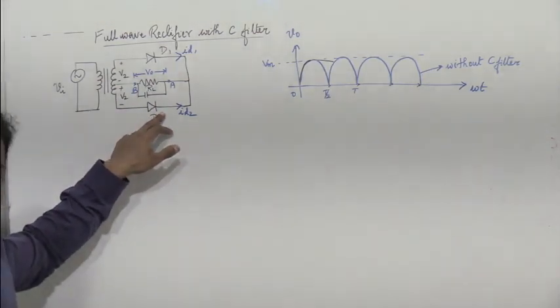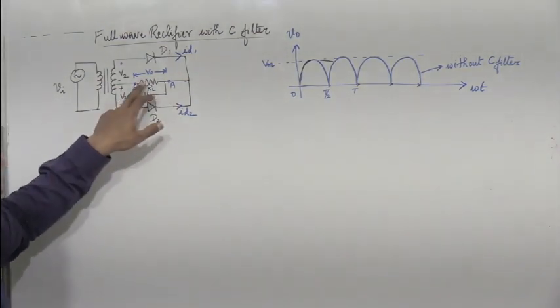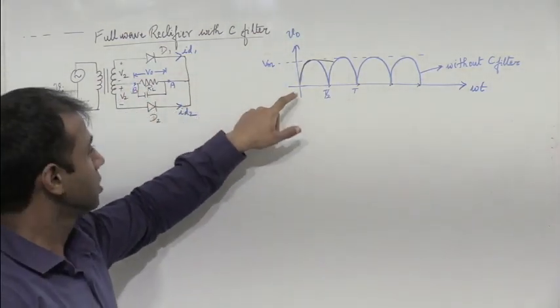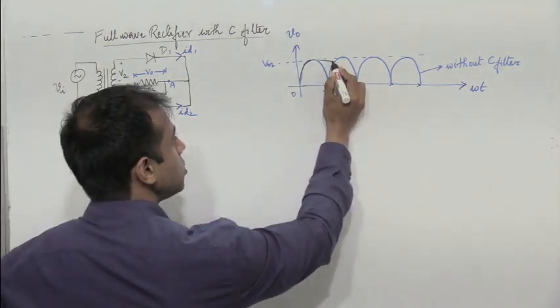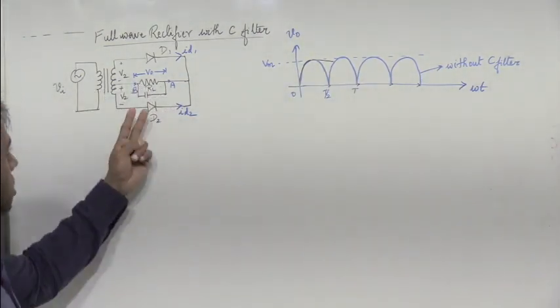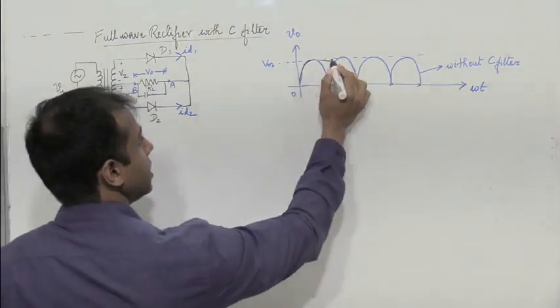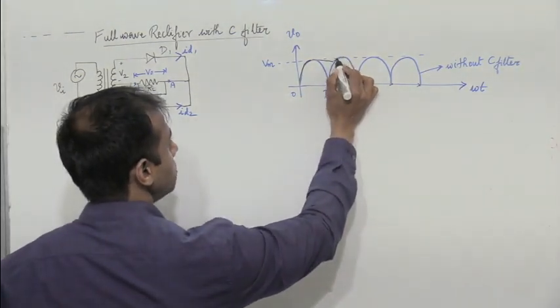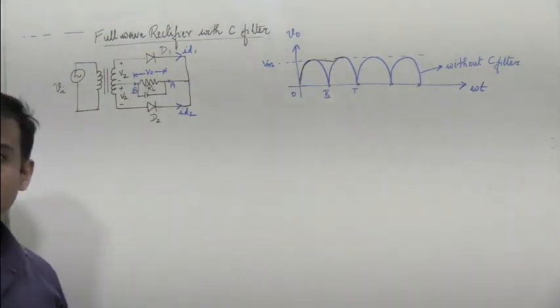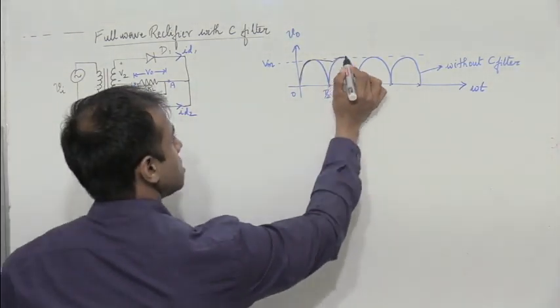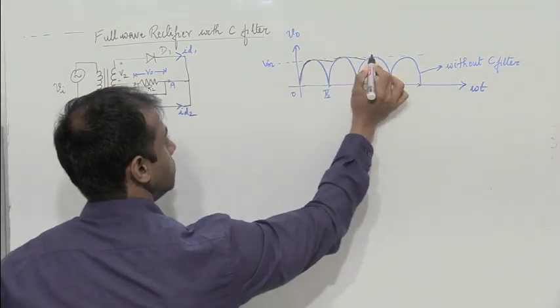So the voltage across the capacitor discharges very slowly, and by the time you have the negative half cycle, wherein D2 is forward biased, the voltage across the load resistance RL increases. So once the voltage goes beyond the voltage across the capacitor, it again charges to maximum immediately, because the capacitor has a very fast charging time, and again discharges very slowly.